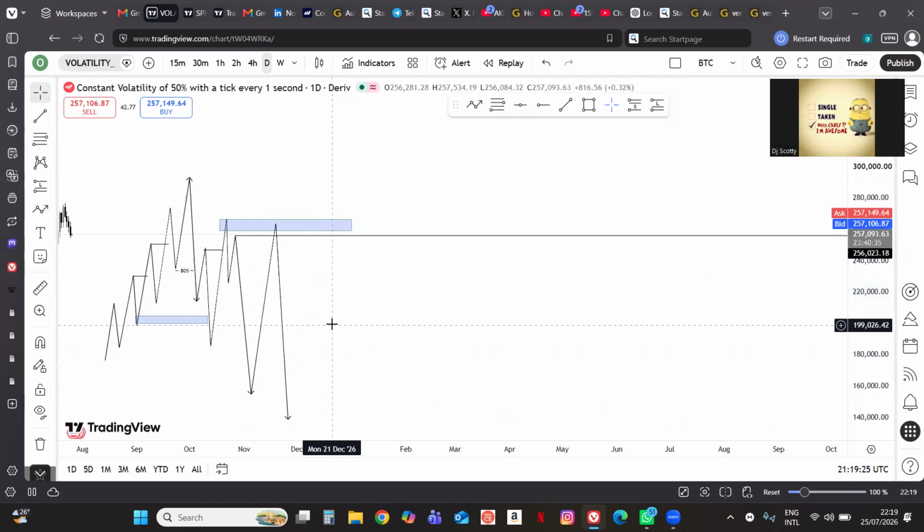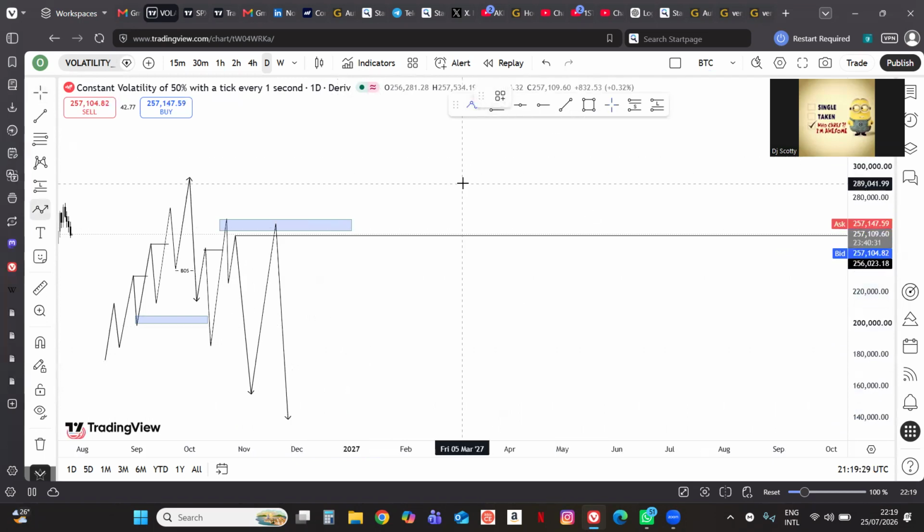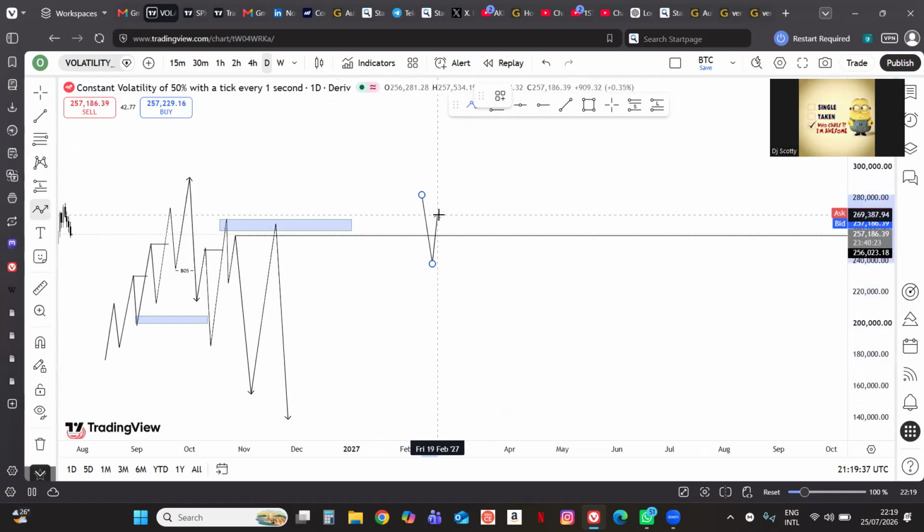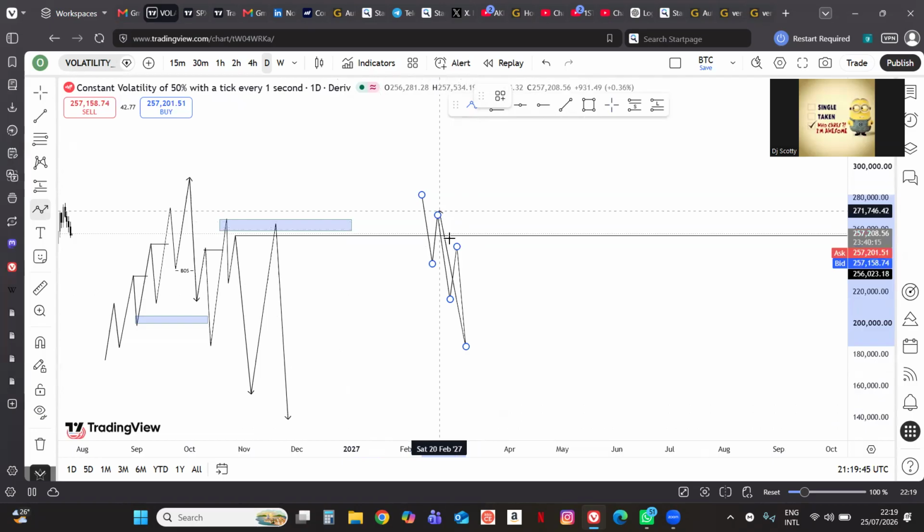But then, if you remember what I said in the first diagram I drew, if you're looking at it from the point of view of a downtrend, we have this, and then we have a sweep of liquidity here. Remember, this is A and this is B. We have a sweep of liquidity here.